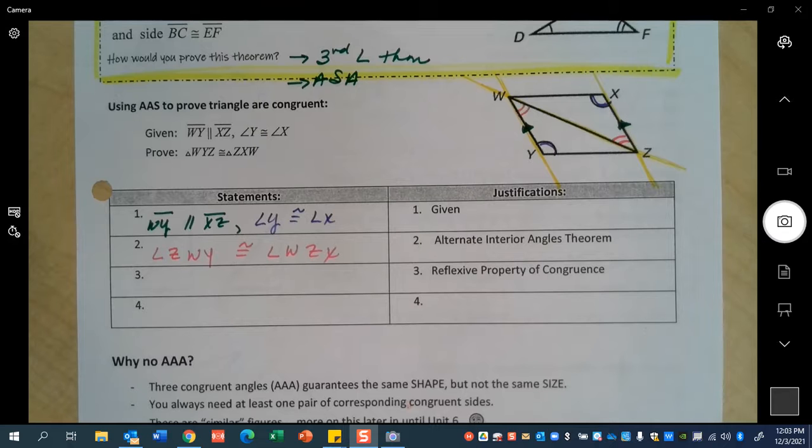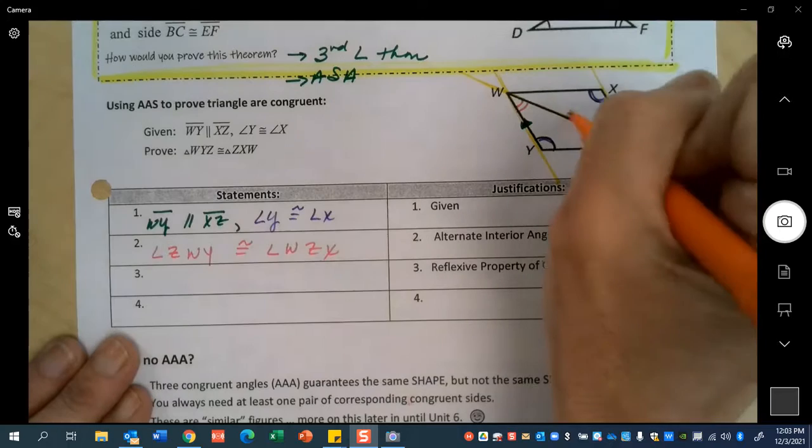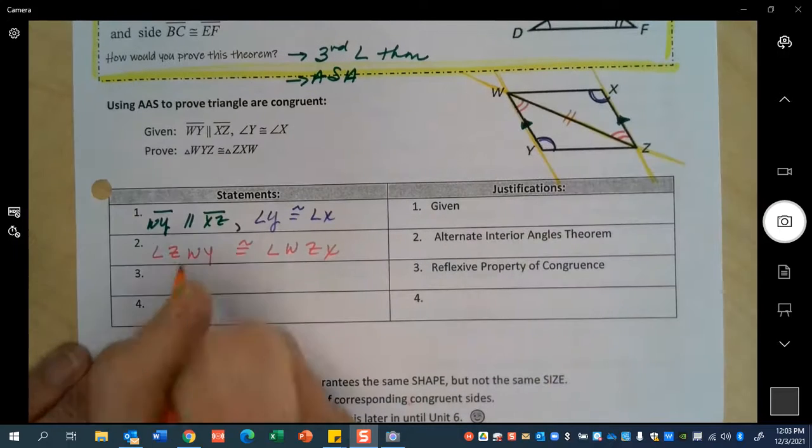Okay, notice I was real careful about the order that I named my angles. Because when I named this one ZWY and I named this one WZX, I put the letters in corresponding order. Super important. All right, reflexive property of congruence tells me that this segment is congruent to itself.